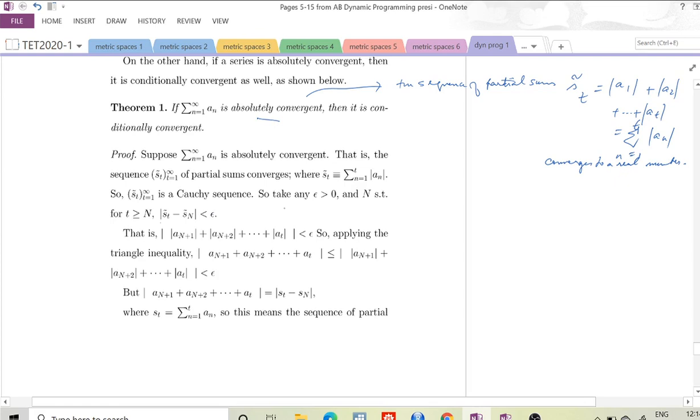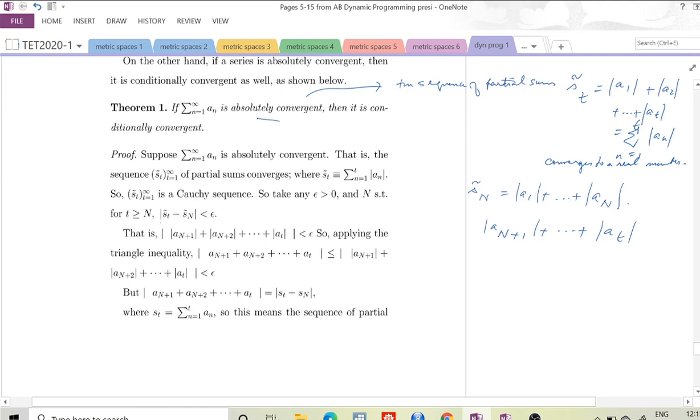So that's Cauchy convergence. But what is S tilde t? S tilde t is exactly this. What is S tilde capital N? It is exactly that. So the difference between these is exactly this sum. So what is being said is that the absolute value of this sum is less than epsilon.